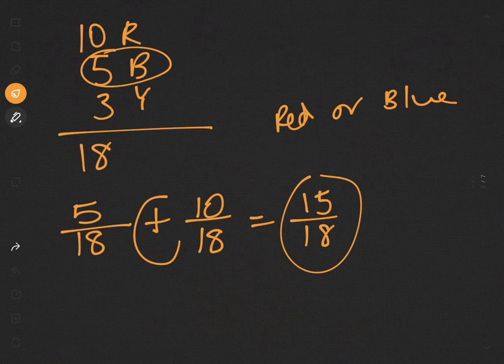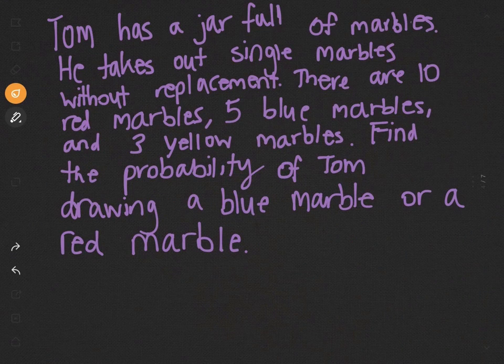So why did I add this time and not multiply like I did for the previous example? Well, as you can see, we were looking for the probability of Tom finding a red or a blue marble. So "or" kind of means that our options are widened.